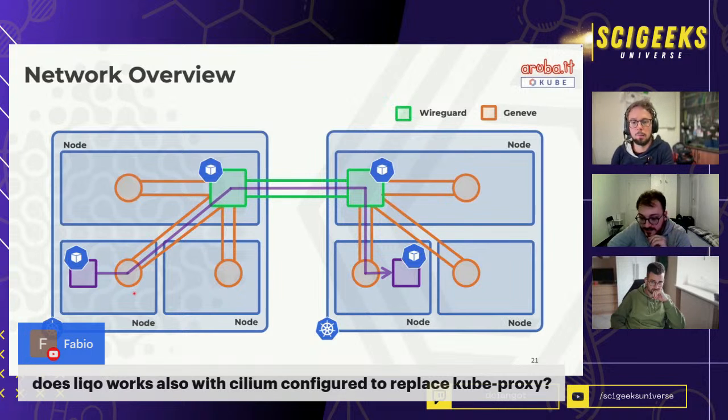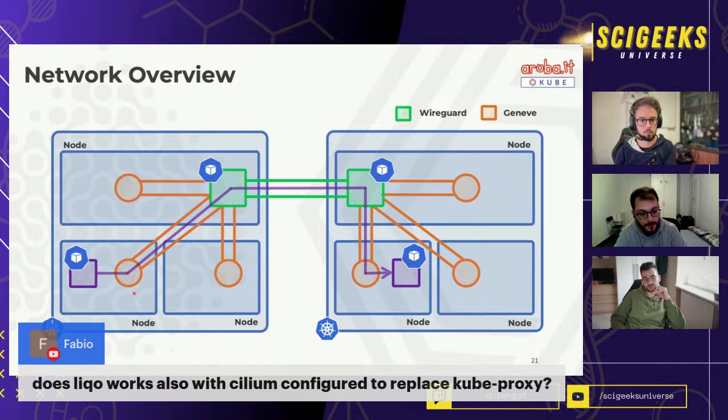There is a question: does Liqo also work with Cilium to replace kube-proxy? Yes, but we have some limitations at the moment. We know how to resolve them, but it's something we plan for the future. Basically, if you replace kube-proxy, we have some problems with node ports, because there are some rules that are ignored because it is using BPF.